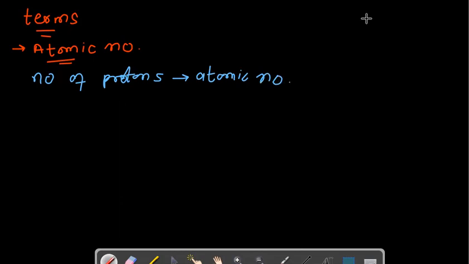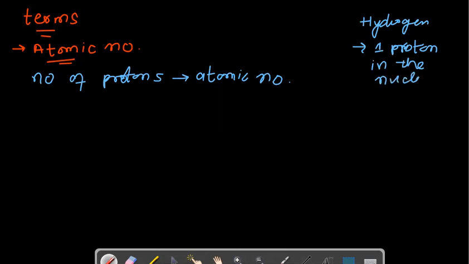Okay, for example, hydrogen has one proton in the nucleus. So what should be the atomic number of the hydrogen? The atomic number of the hydrogen would be 1.